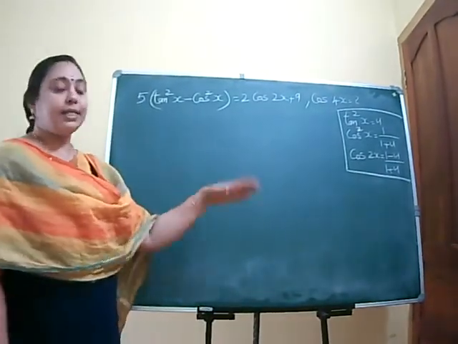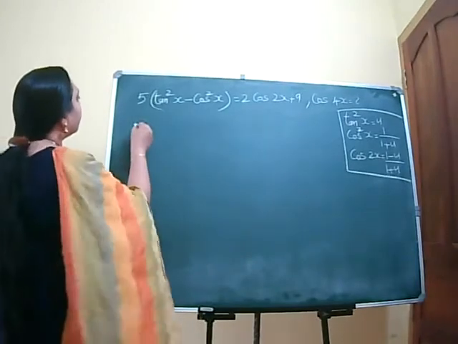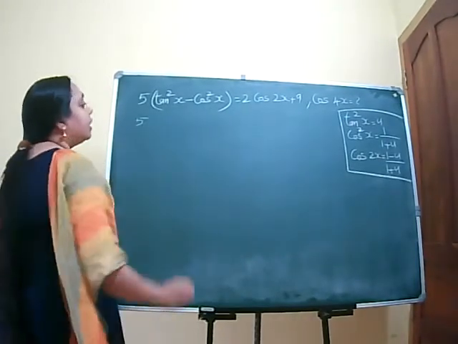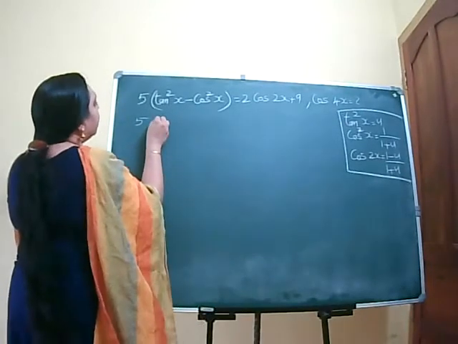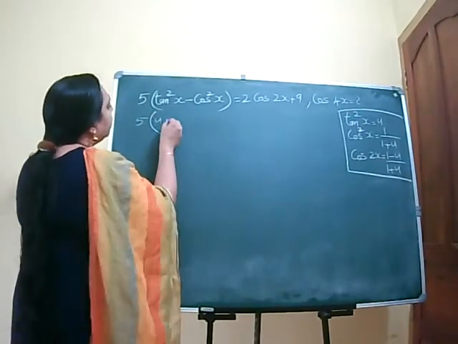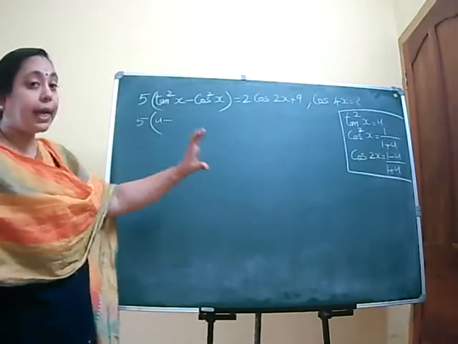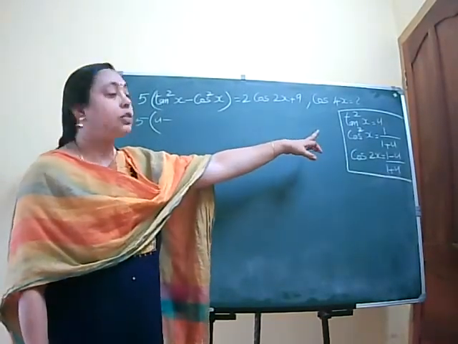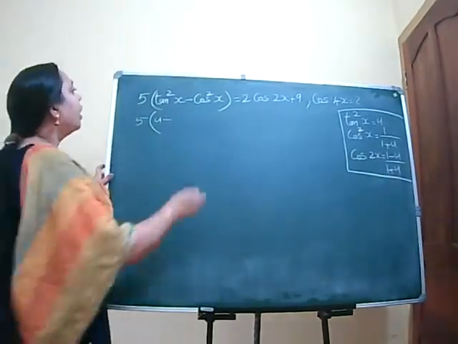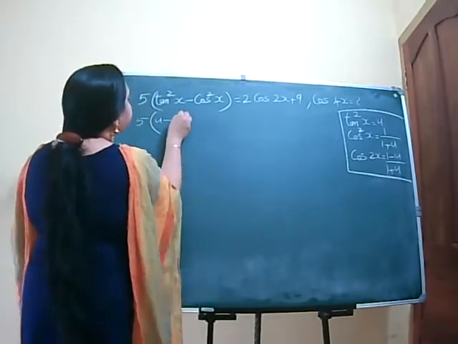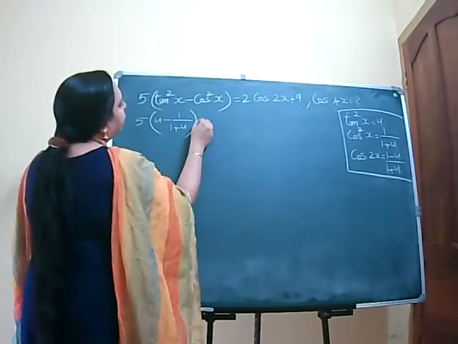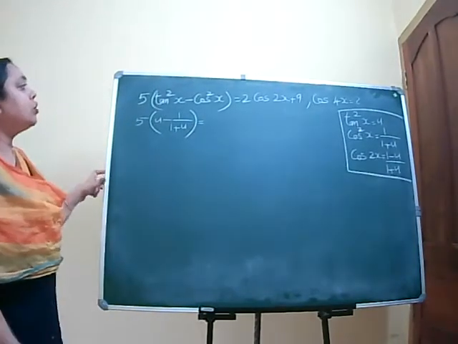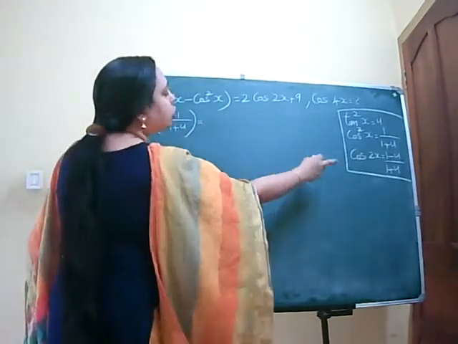Okay, let us start. Just substitute these expressions here. We have taken the substitution for tan square as u. Then cos square x is 1 by 1 plus u, and the equation is ... is equal to 2 cos 2x.